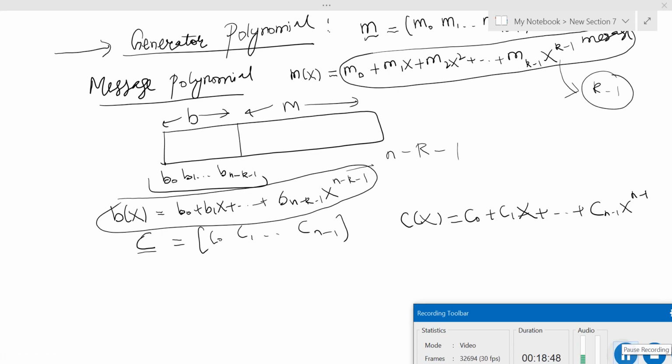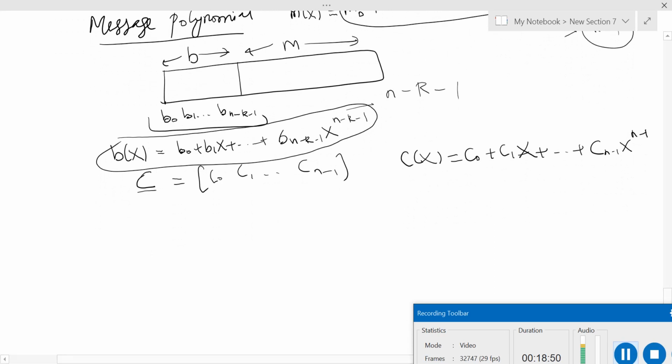What you want is that the first c0 is actually b0, because the first part of the code we are taking as parity bits. So when I write the polynomial for this, I will write b of x. But what is the last term in the parity polynomial?